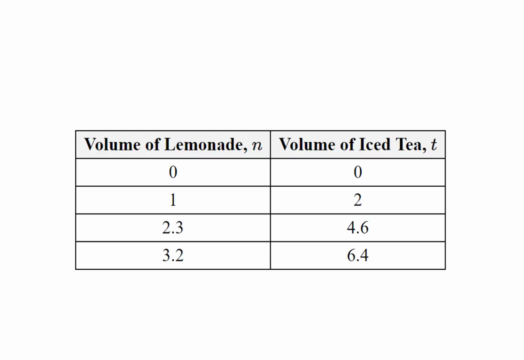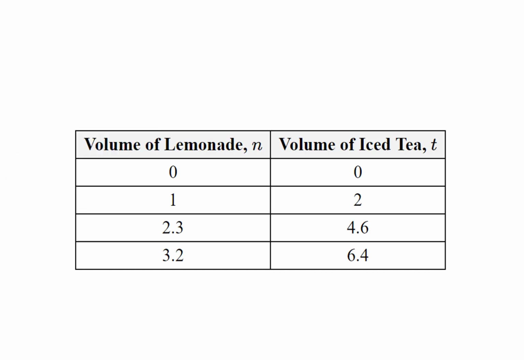The graph that we looked at and the formulas that we constructed both tell us something about the relationship between T and N as a whole, or it tells us something about the relationship for all pairs of values of T and N. But if we want to just look at a few pairs of values, it's common to use a table of values to do this.